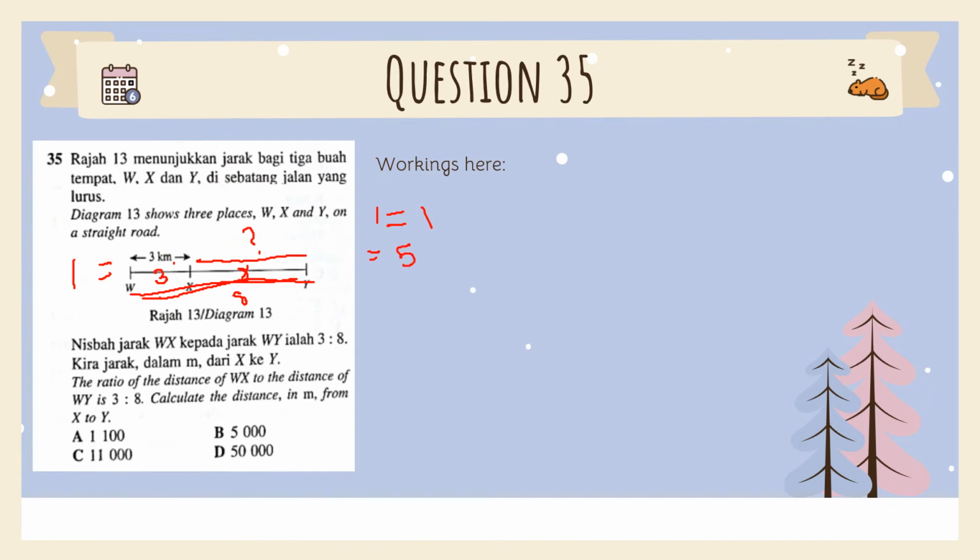But of course the answer is not 5 because we have to change the answer into meter. The one given here is kilometer. So 5 times 1000 equals 5000. Since 1 kilometer equals 1000 meter.